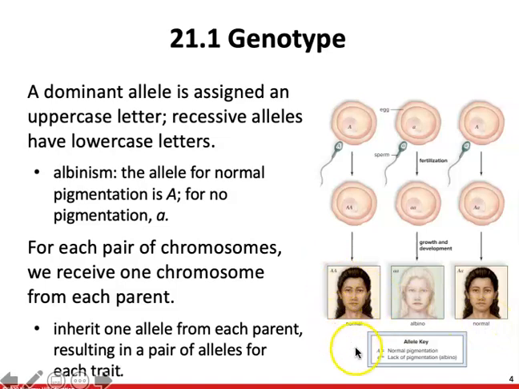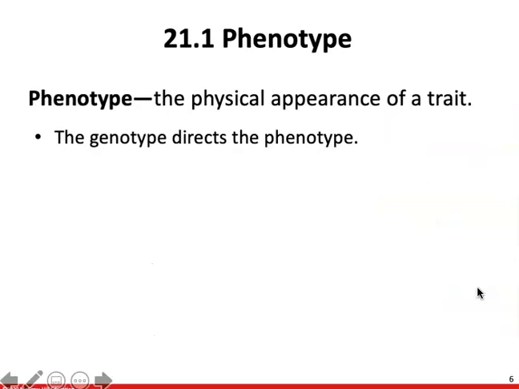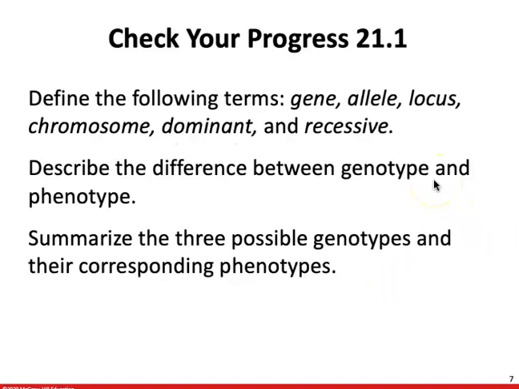So in this case, our genotypes are homozygous dominant, homozygous recessive, and heterozygous. Our phenotypes would be normal, albino, and normal pigmentation. So genotype is going to determine the phenotype. Phenotype is the physical appearance of the trait. Genotype is the genes that are present there.